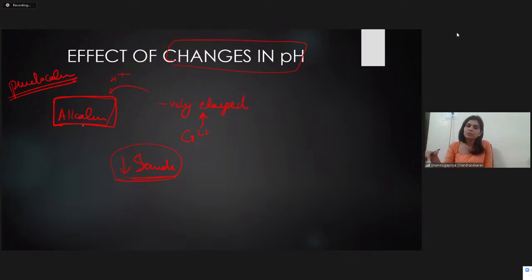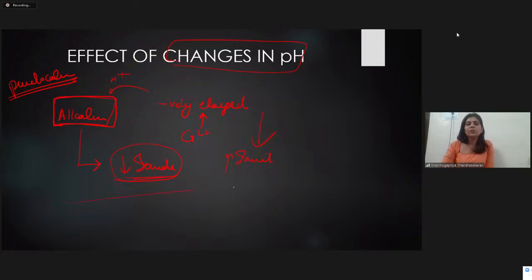What happens in acidosis? In acidosis, to neutralize the acidic pH, all proteins get H+, and all proteins become positively charged. When they become positively charged, they are not going to bind to calcium. So there is an increase in the ionized calcium levels. So in alkalosis, expect a decrease in ionized calcium. In acidosis, expect an increased ionized calcium.